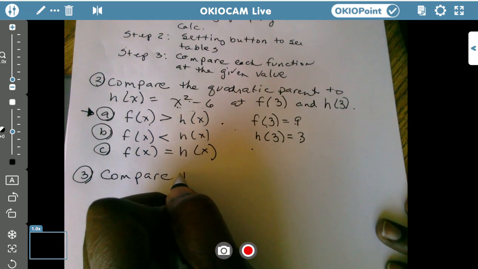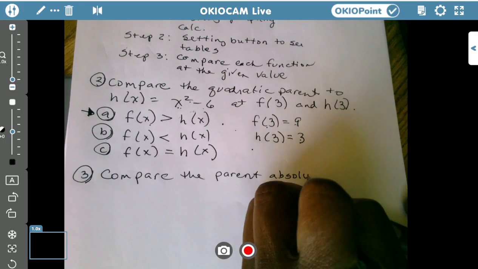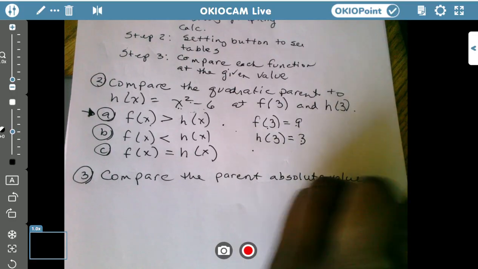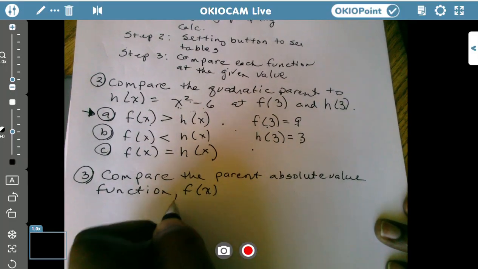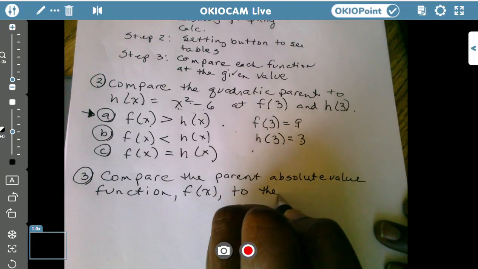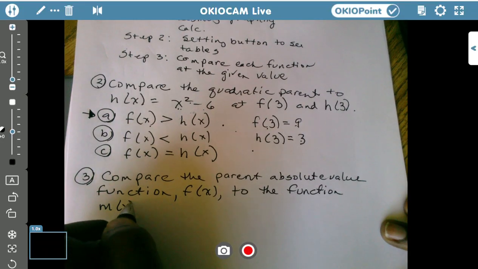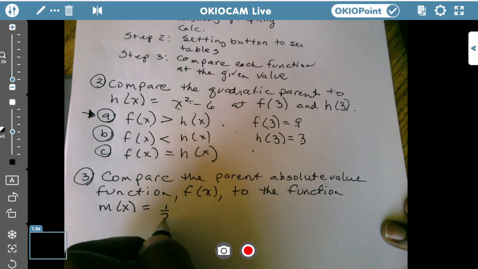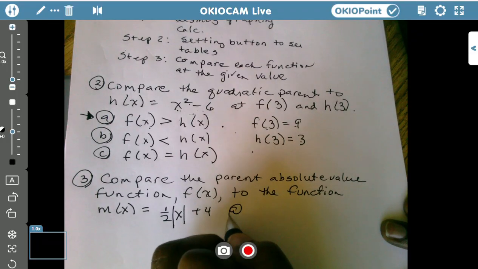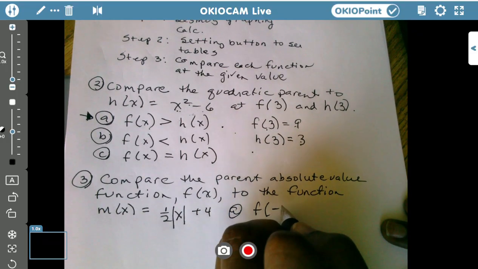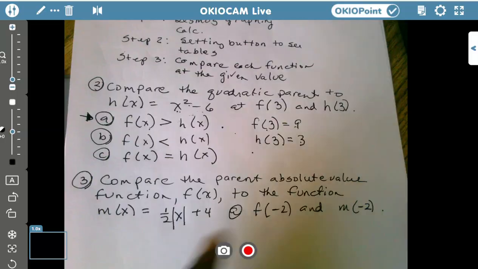So compare the parent absolute value function f of x to the function m of x equals 1/2 the absolute value of x plus 4 at f of negative 2 and m of negative 2.